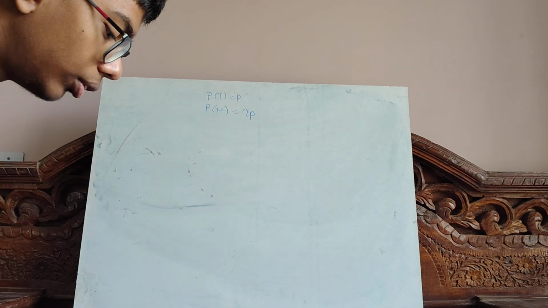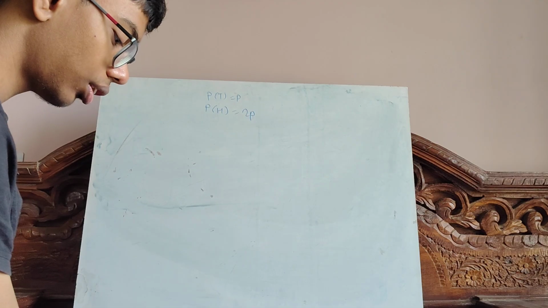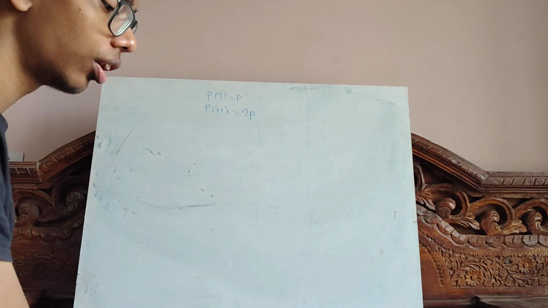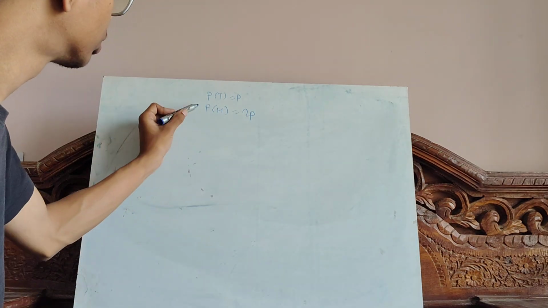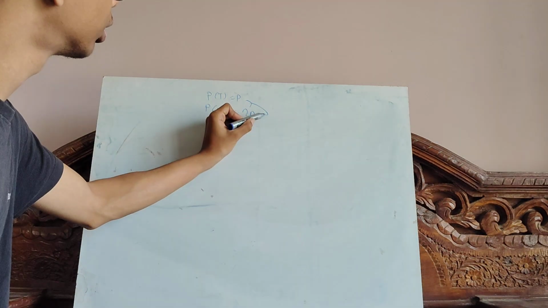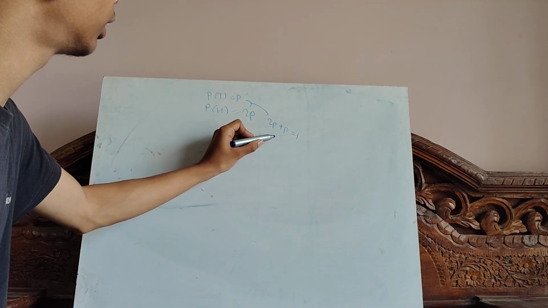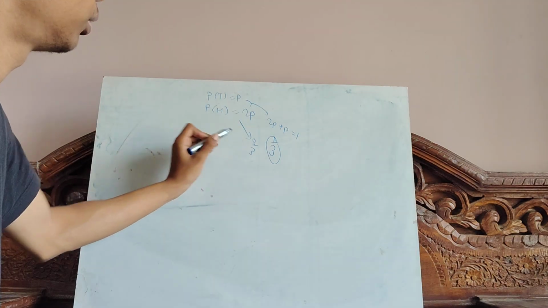And we know that the sum of all possibilities in a fixed number of outcomes of a sample space set will be 1. So what I will do, simply 2P plus P is equal to 1. So probability of getting tail is 1 by 3. This will be 2 by 3.